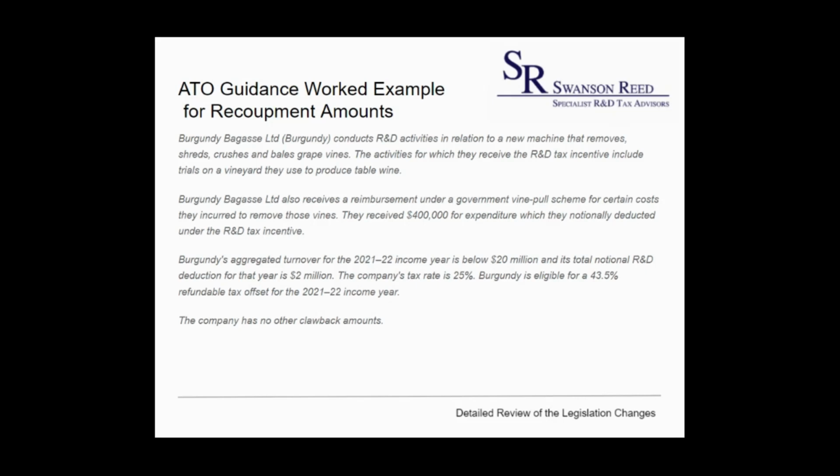Burgundy's aggregated turnover for the FY22 year is below $20 million, and its total notional deductions for R&D expenditure for that year are $2 million. The company's tax rate is 25%. Burgundy is eligible for the 43.5% refundable tax offset for the FY22 year. The company has no other clawback amounts.